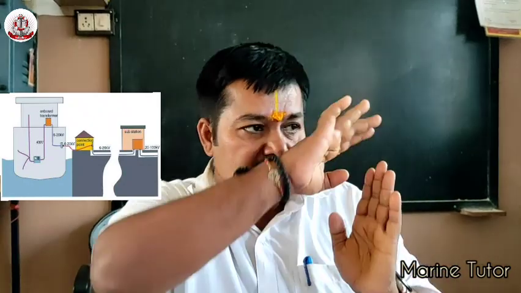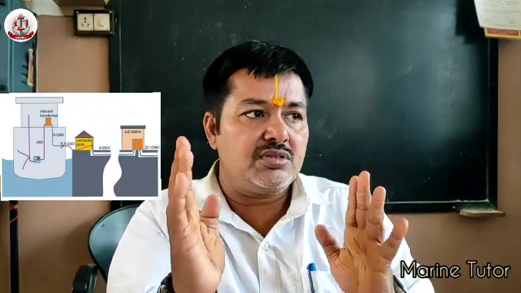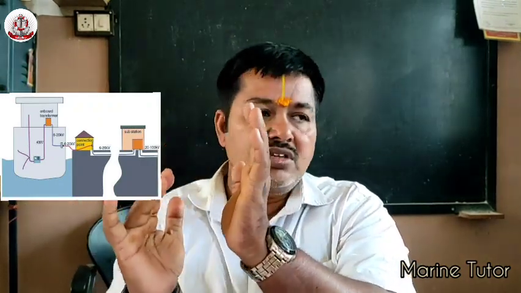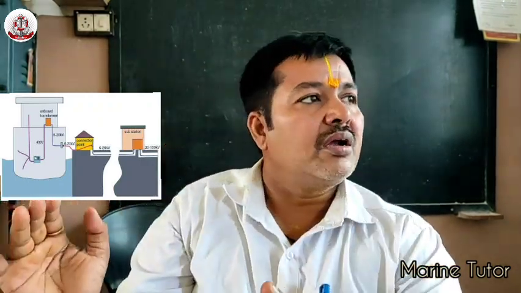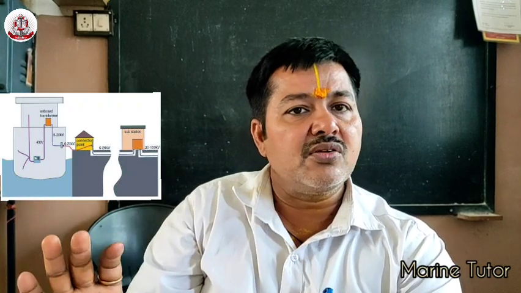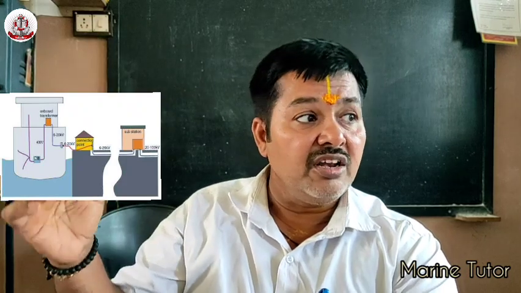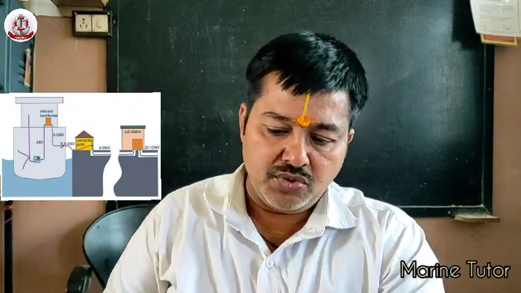Using rectifiers, they will convert this AC to DC. Whenever DC is needed, rectifiers are used, and whenever DC to AC, inverters are used. So this is source supply connection. Then we can see the next part.